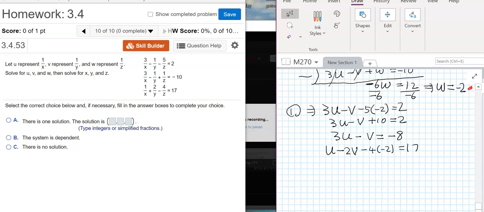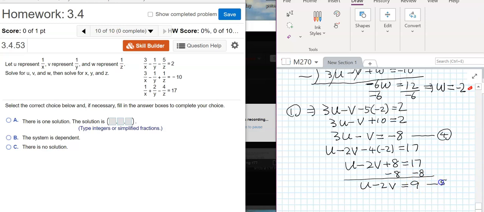I'm going to call the previous equation number 4. This one needs to be simplified. So u plus 2v plus 8 equals 17. I'm going to subtract 8. So now I have u plus 2v equals 17 minus 8, which is 9. So this is number 5.